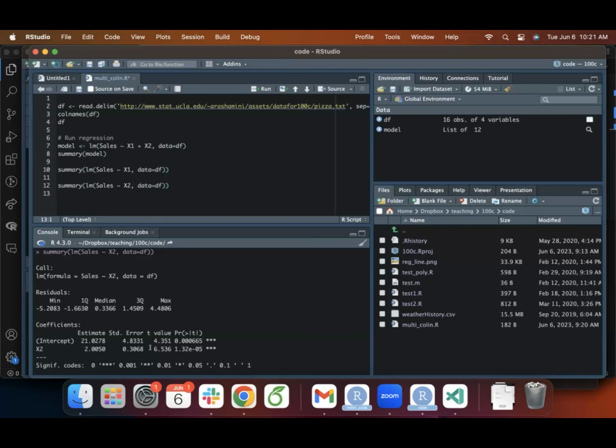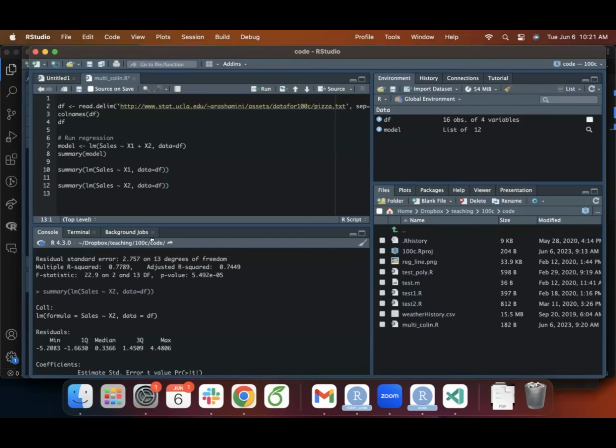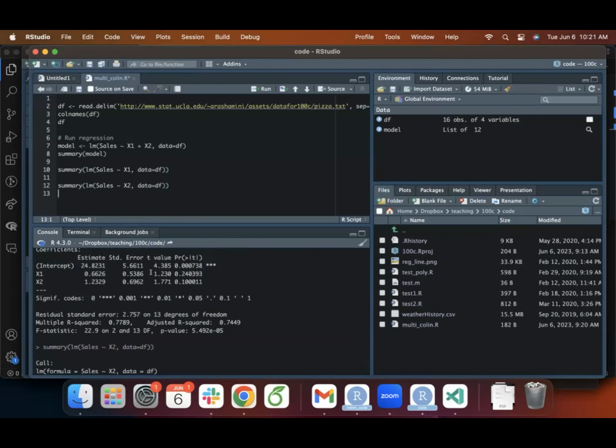So the effect size actually went up because here it's distributed between x1 and x2. A little bit of it is explained by x1 and x2. Once you drop x1, the effect size of x2 goes up because it's taking the slack from x1. But surprisingly, the standard error also goes down, which is the thing that we want to discuss.